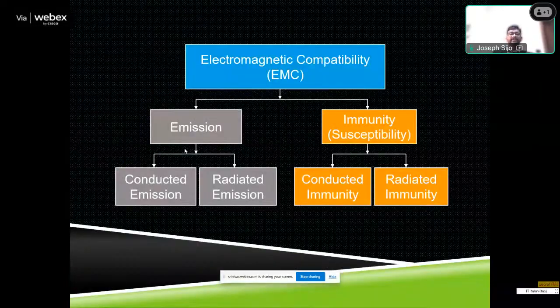We can categorize EMC into two types, emission and immunity, or susceptibility. We can also divide emission into two types, conducted and radiated, and in the same way conducted immunity and radiated immunity. We can go in depth in the following slides.